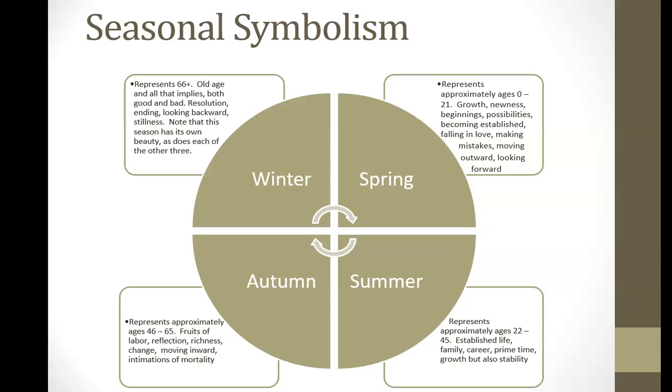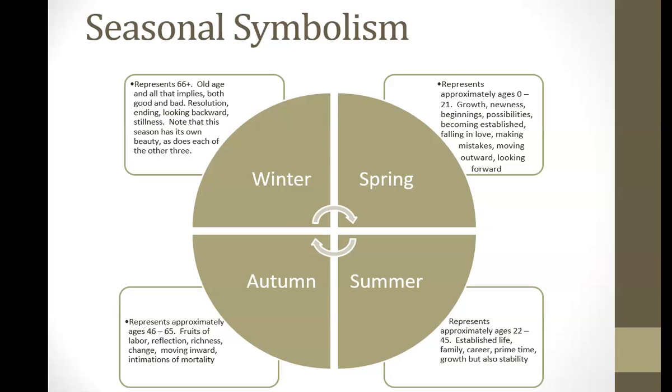Then the autumn of someone's life, or autumn in general as a symbol, represents sort of 46 to 65. That's still very rough. It can still skew older than that. Increasingly, it's getting older. So this is when you become more reflective. You look internally. You're looking at the fruits of your labor.